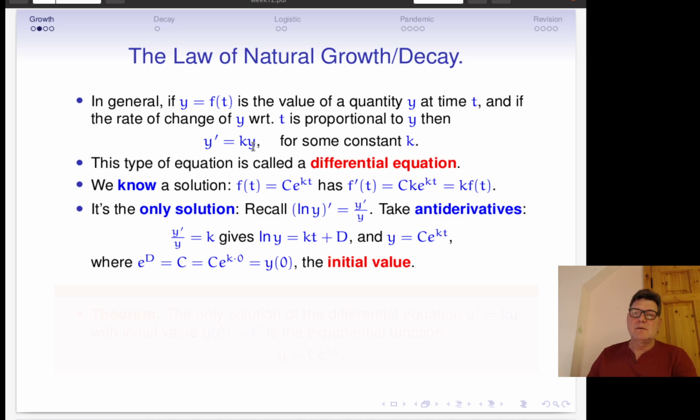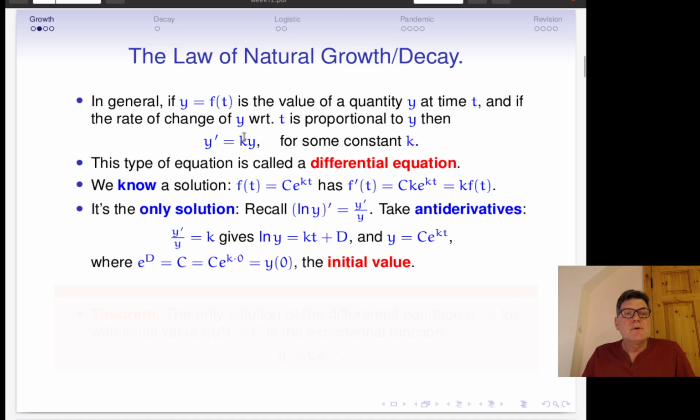And again, we have seen in this course the means to justify this claim, starting with the observation that the derivative of the natural logarithm of y, where we still regard y as a quantity that depends on time, so this is the derivative with respect to t of the logarithm of y, is y prime over y.